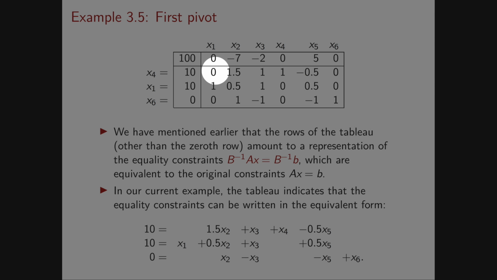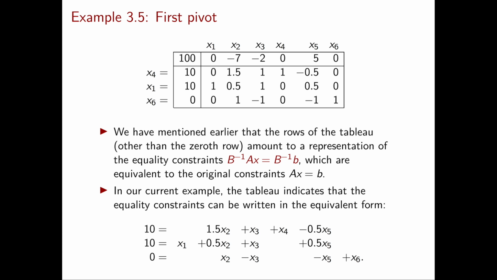In the first equation, we will have 0x1 + 1.5x2 + 1x3 + 1x4 - 0.5x5 = 10. And similarly, you can obtain the second and third constraints, which are written down here.